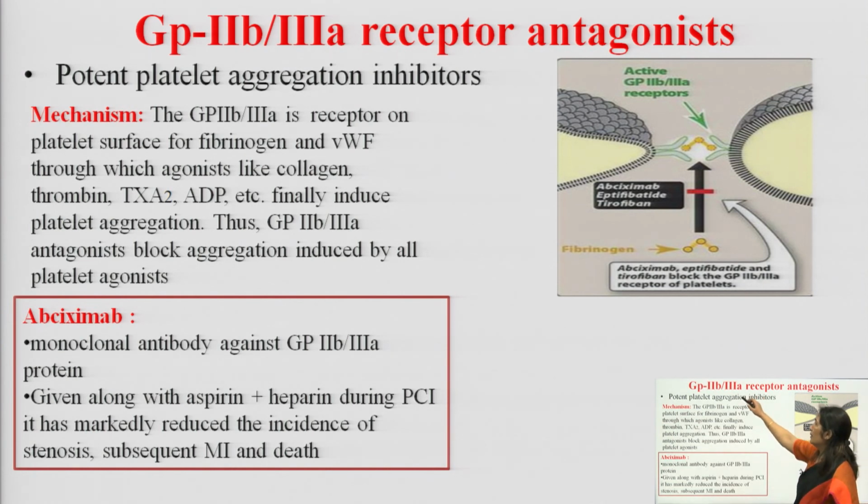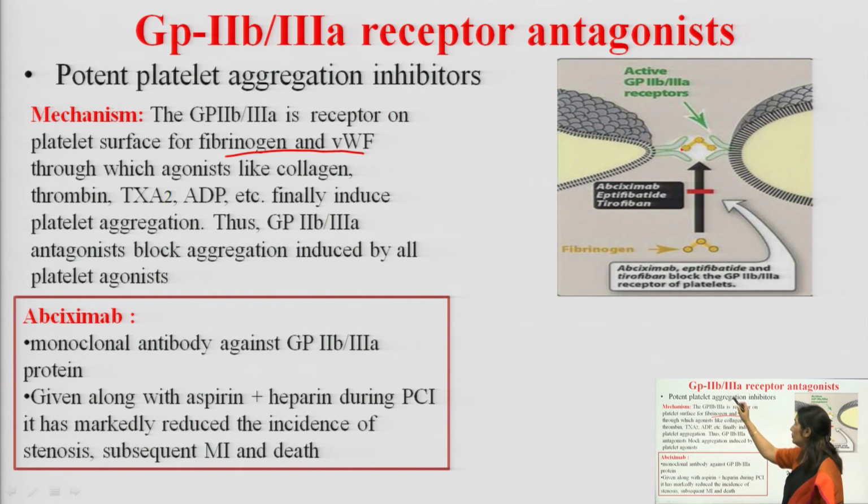Last in this is the GP2B3A receptor antagonists. These are potent platelet aggregation inhibitors. GP2B3A is a receptor on the platelet surface, and to this receptor fibrinogen and von Willebrand factor bind.